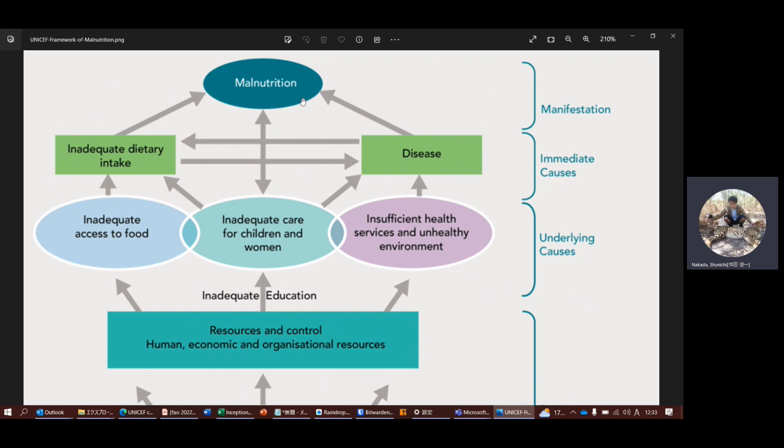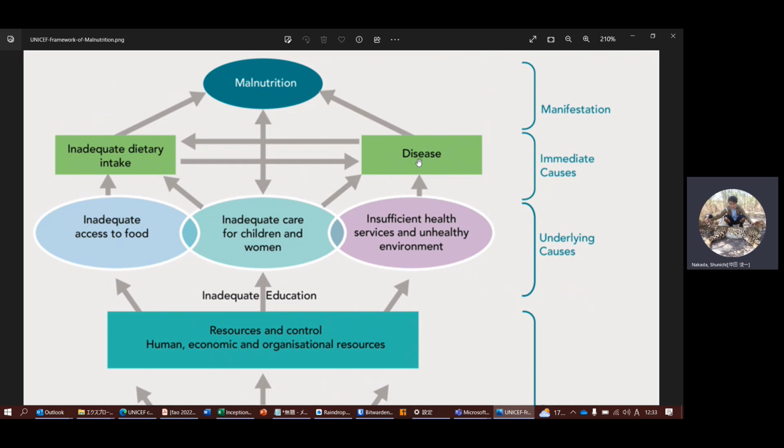So malnutrition is our common target, but it is divided into several causes: 2 immediate causes and 3 underlying causes. The 2 immediate causes are inadequate dietary intake, which is quite easy to understand, oversupply or deficiency of some nutrient, and disease.